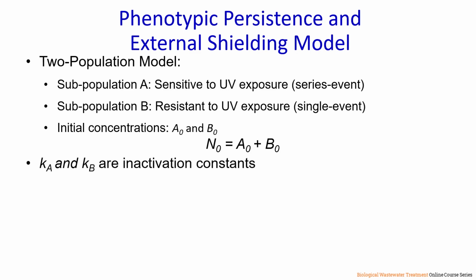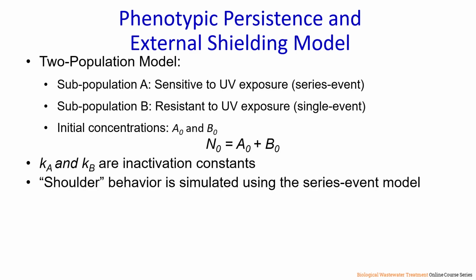For each subpopulation, we can identify a separate inactivation constant, and the shoulder behavior is simulated using the series event model. By extension, this suggests that the vast majority of what we observe in terms of the shouldering behavior is attributable to the relatively sensitive subpopulation, in this case subpopulation A.